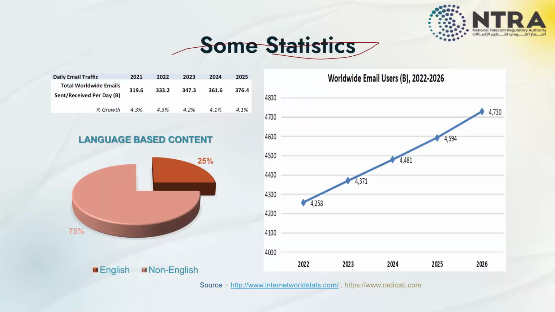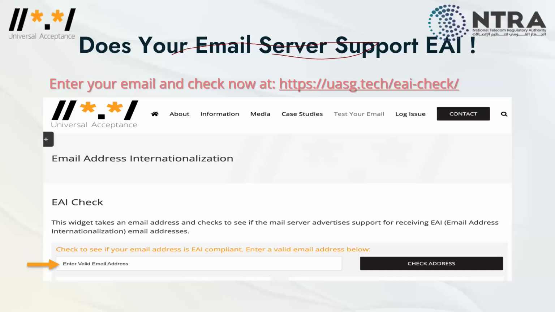Online content in non-English languages is increasing and will keep growing in the future. If you want to check if your email server is EAI ready or not, you could go to uasg.tech and check if your mail server is EAI ready or not.